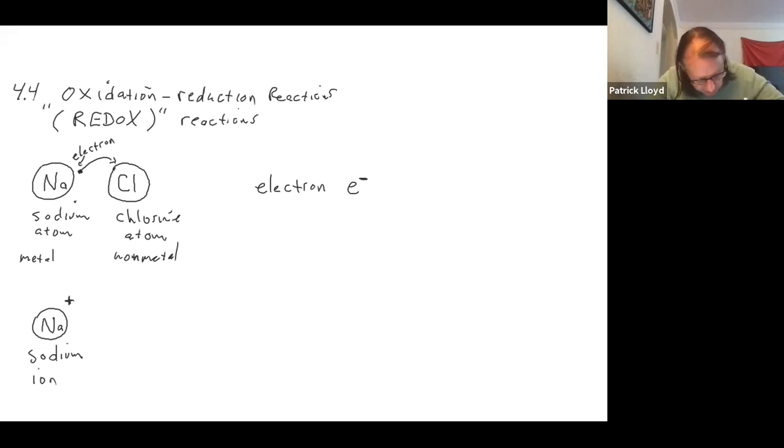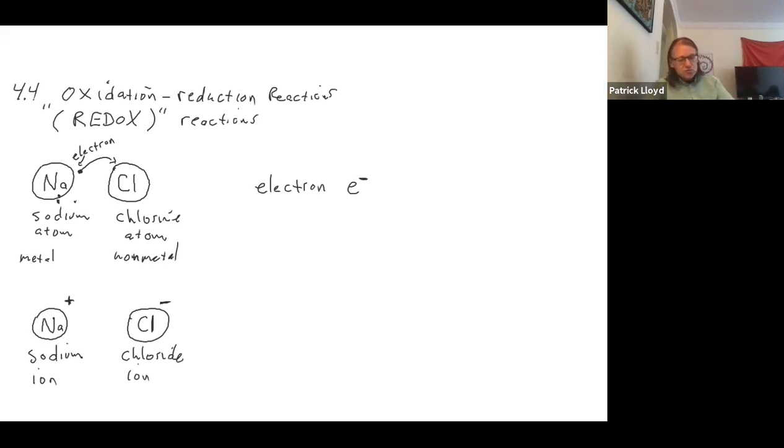And likewise, the chlorine now has an additional electron, so it now has a negative charge, and we would call this a chloride ion. This is an example of a redox reaction. The sodium atom transferred an electron to the chlorine atom, thereby forming two new ions. So redox reactions are often associated with ions, right? Ionic reactions, essentially.